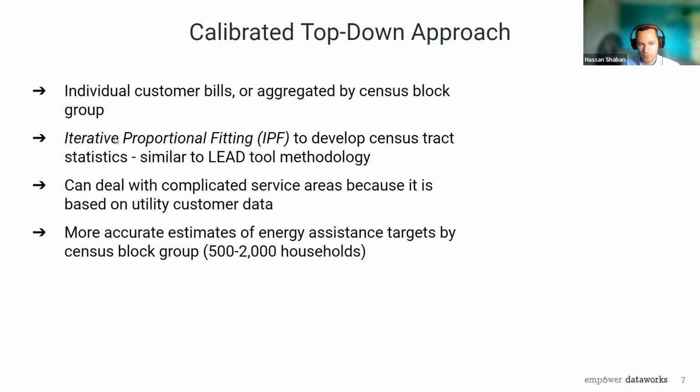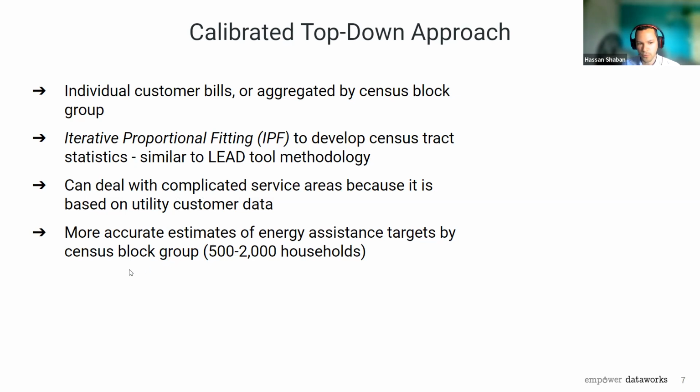The nice thing about doing it this way is that you get basically all the benefits of the LEAD tool, but in addition, it's actually calibrated to a specific utility. So it can deal with really complicated utility service areas because you have the actual customer counts and the actual customer bills. And you get better estimates of your energy assistance targets because you're basing this on real data versus surveys.